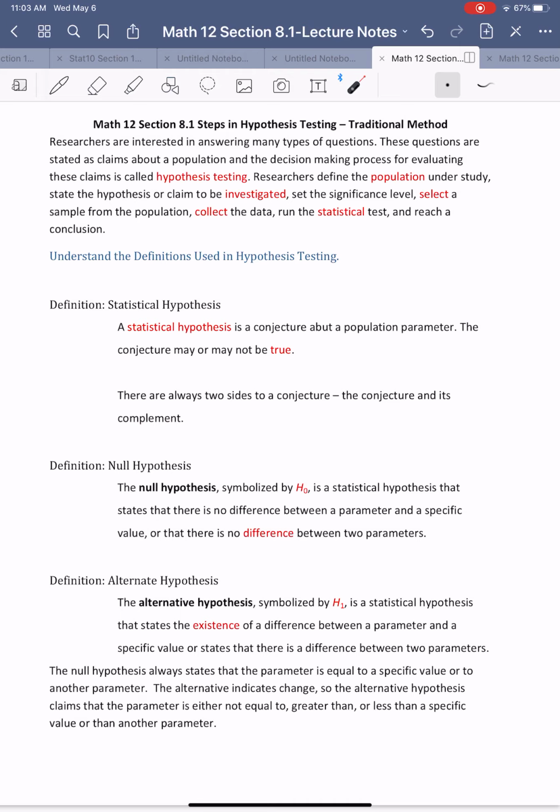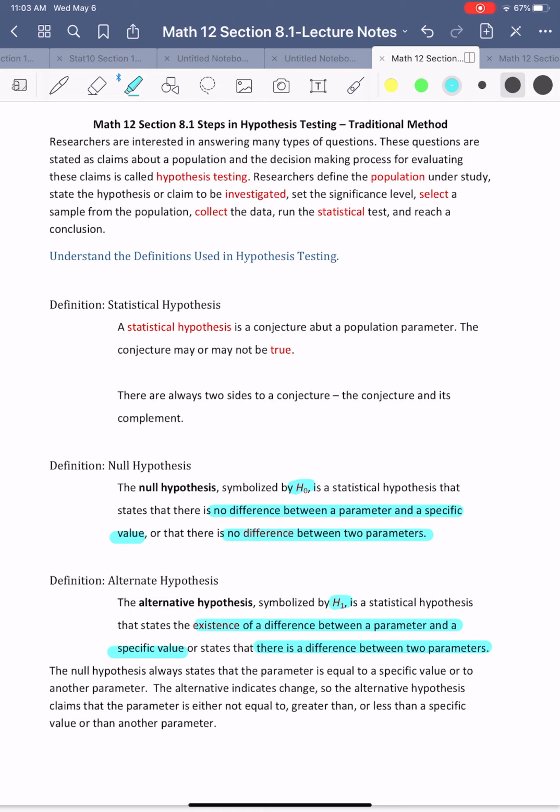The null hypothesis has the symbol H sub 0. It's a statistical hypothesis that states there's no difference between the parameter and a specific value, or there's no difference between two parameters. The alternative hypothesis, which we use as H sub 1, is a statistical hypothesis that states the existence of a difference between the parameter and a specific value, or a difference between two parameters.